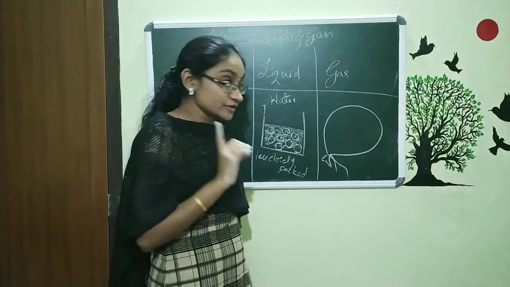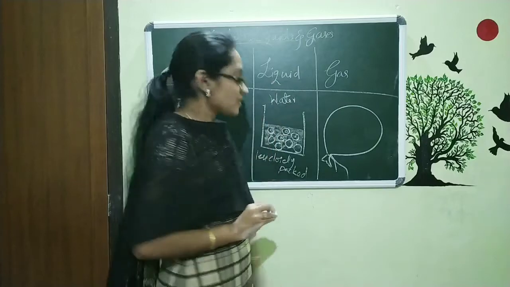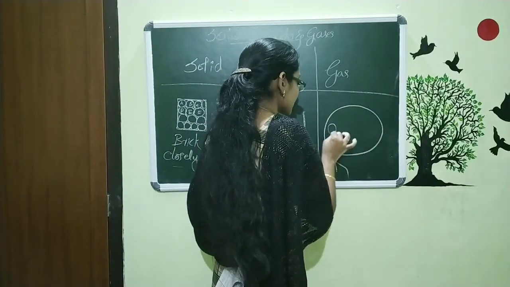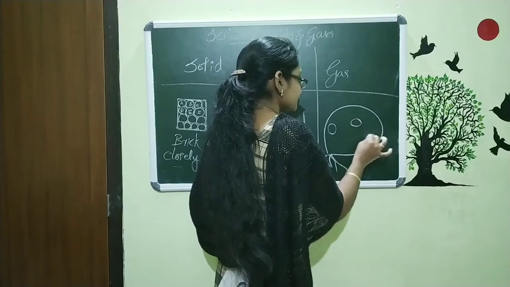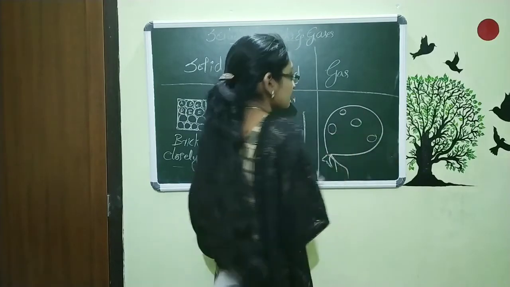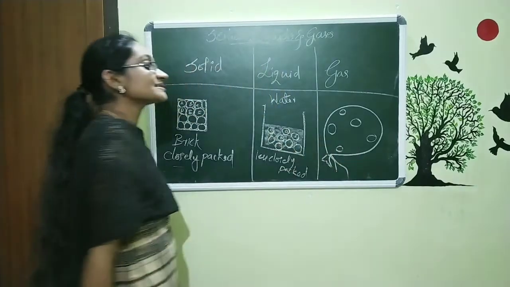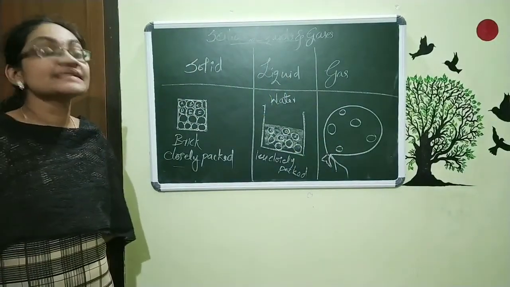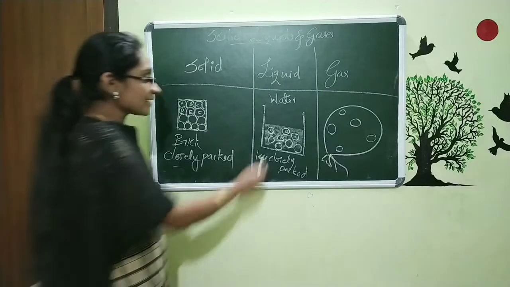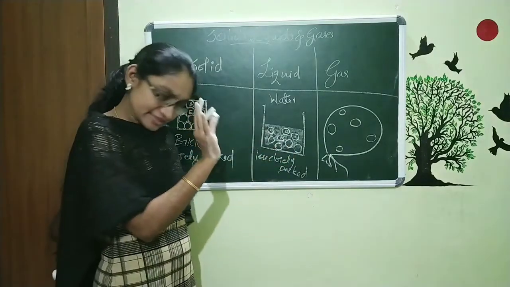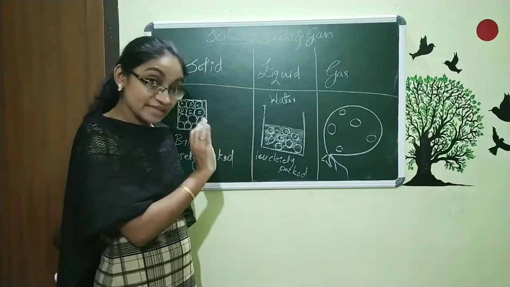Now, we are going to discuss about the gas. When we are observing the gas molecules within the microscope, you can see that they have a large distance within the gaseous molecule. When you compare this, for the liquid there is distance between the molecules, but it has a limit.